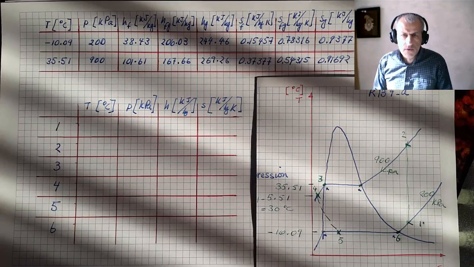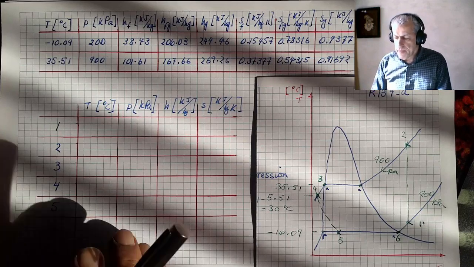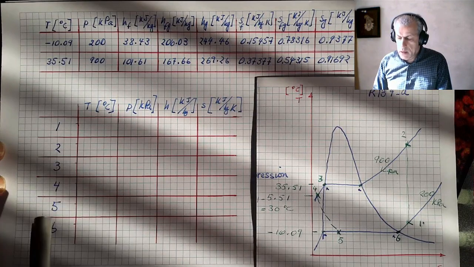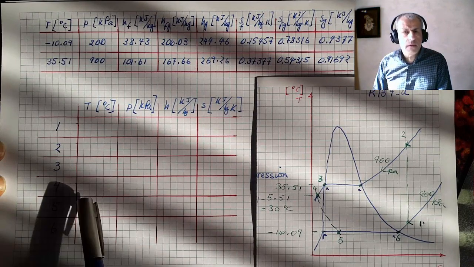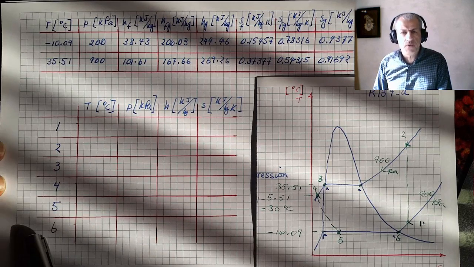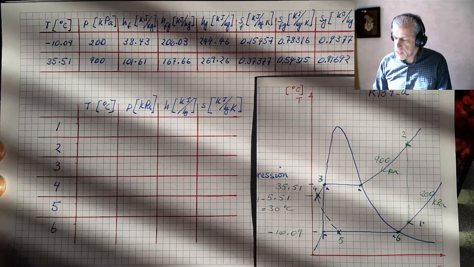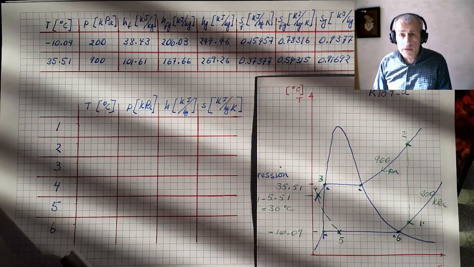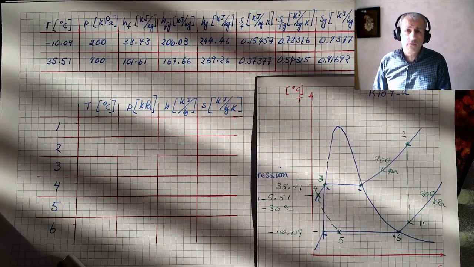Well, it's a good practice to just draw a table and put all the properties of our different points on this table. Our points are 1 to 6, and I just try to see whichever knowledge we have for these points from our tables, from whatever we already know, and there are some properties that we need to calculate, and therefore we do so.